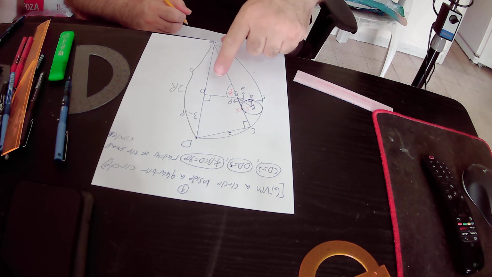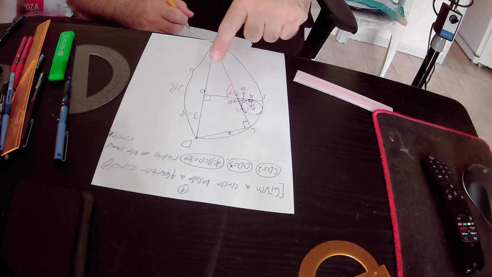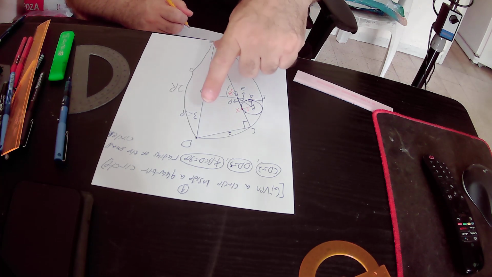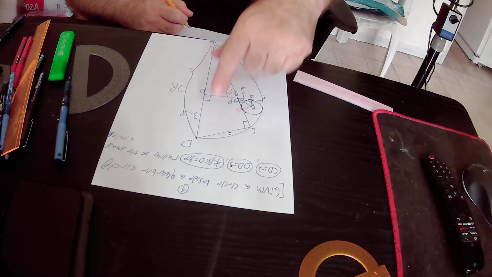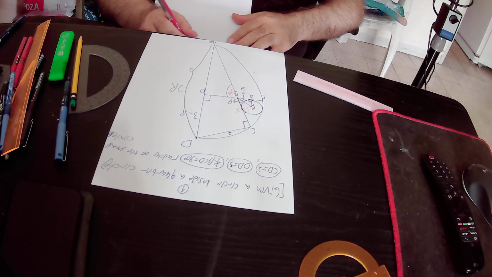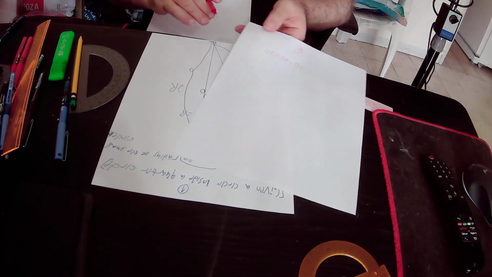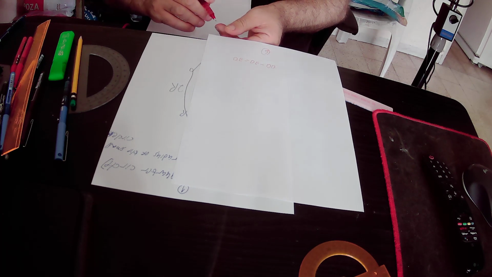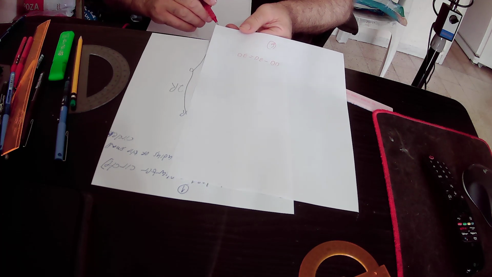And what is the size of OE? OE equals DE minus DO. Again, line segment OE equals DE minus DO.